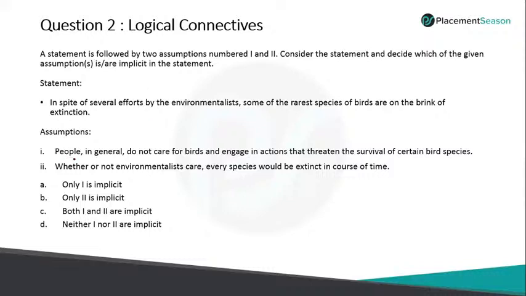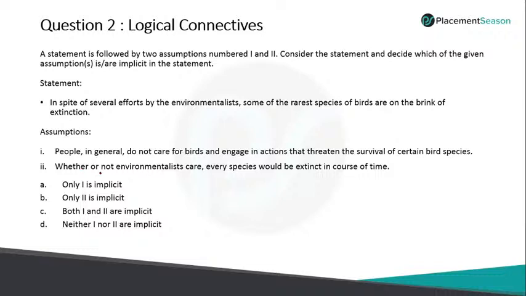Can we assume this from the statement? People are taking efforts, but here it is given people in general do not care for birds. So we can't assume like this, right? Directly we can understand this will not be the assumption.